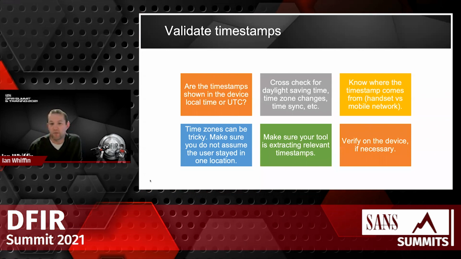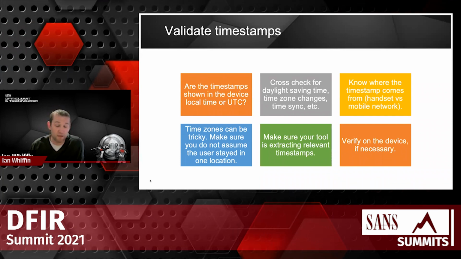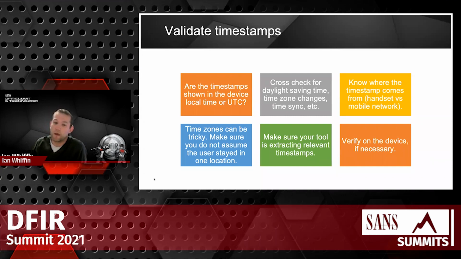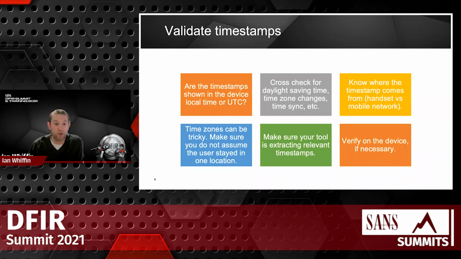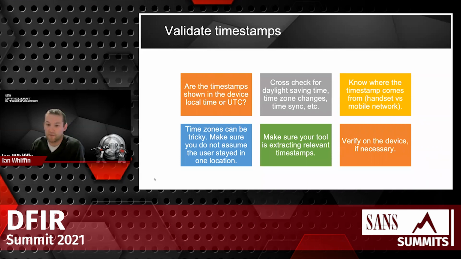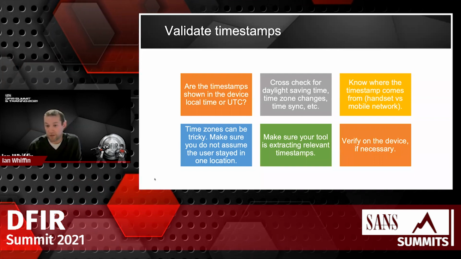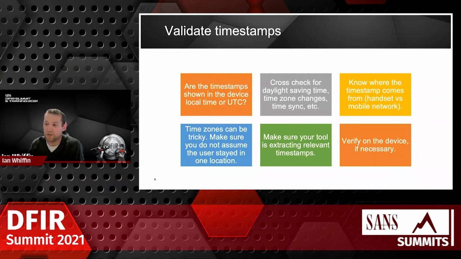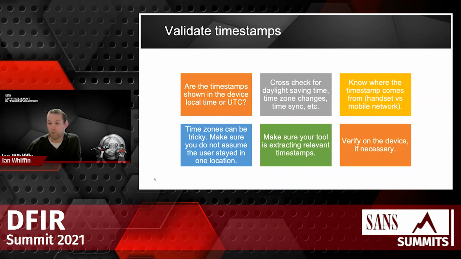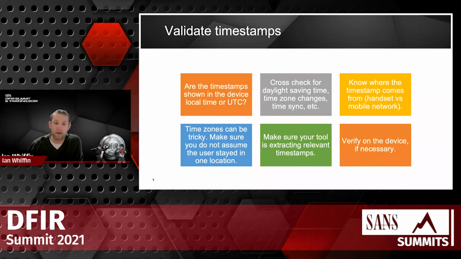There have been cases I've worked in the past where the sender and the recipient of an SMS message were both within the UTC -7 time zone, but the message was shown with a local time of UTC -5. And this is because the service center that was routing the message was based in the UTC -5 time zone. So again, I had to go in and manually work this out and work out how it all actually flowed for my report.